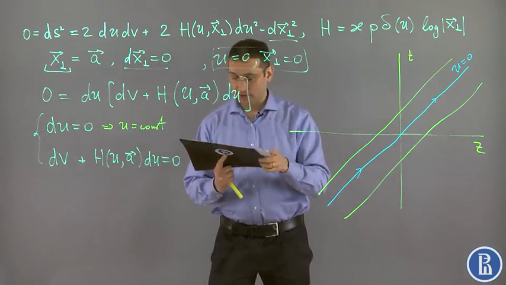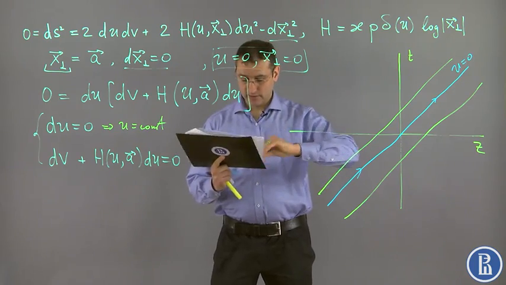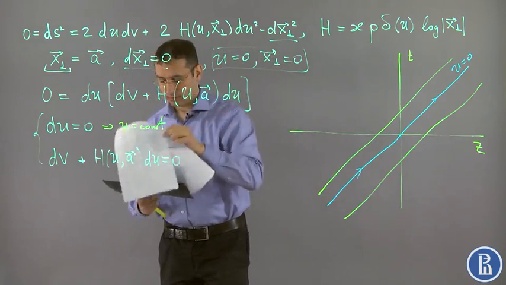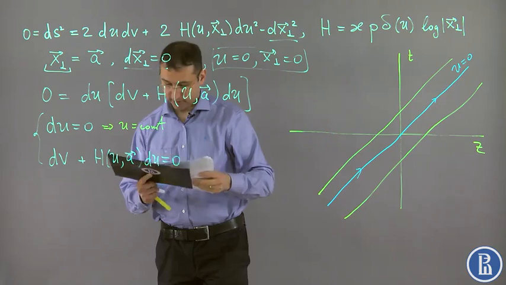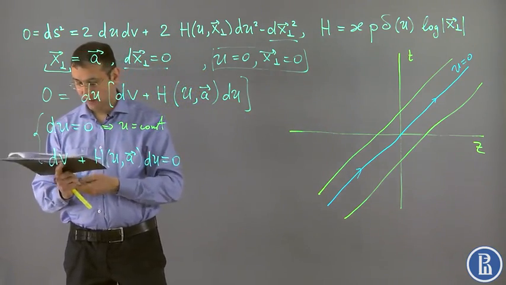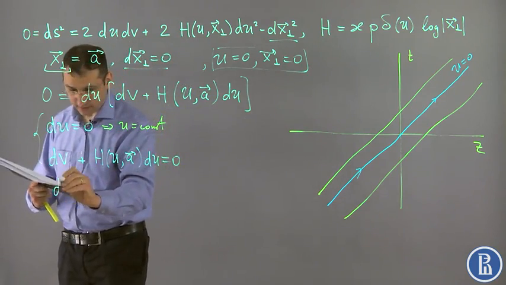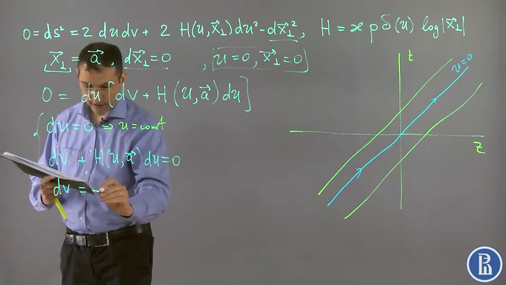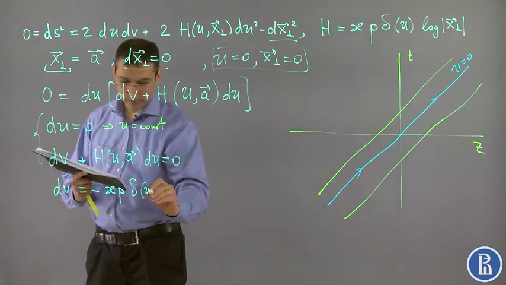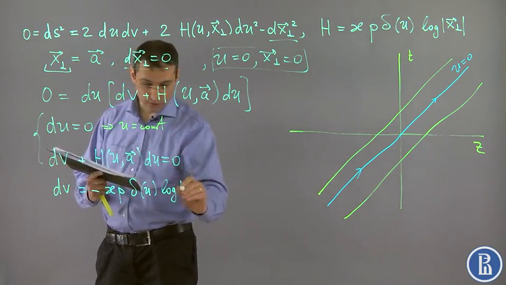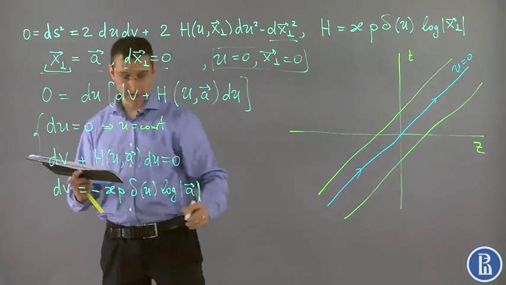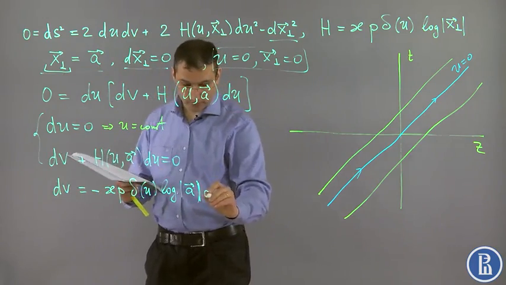That can be described according to this equation. And we have the following situation: from this equation we obtain that dv is minus kappa p delta of u log of modulus a, because x⊥ is equal to this, times du.